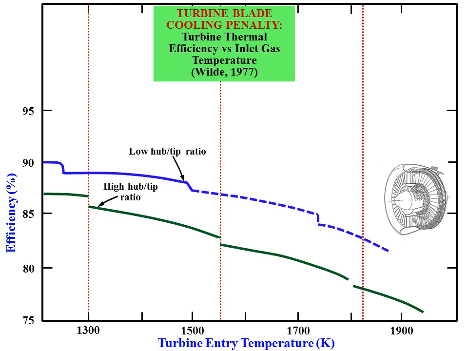So this figure shows the difference between low and high hub to tip ratio. To make it easy to understand, a low hub to tip ratio will give you a shorter blade height compared to the high hub to tip ratio.